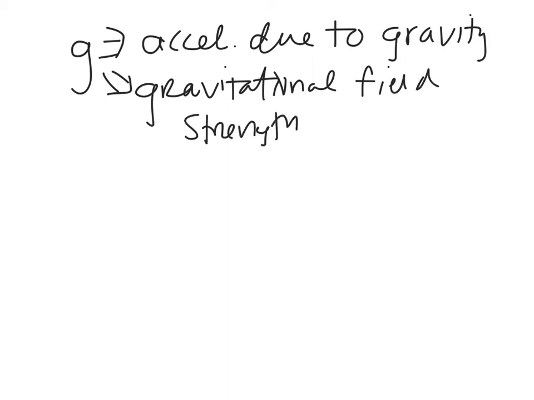On Earth, we use the value of g to be about 9.8 meters per second squared. And that's assuming that you're at the surface of the Earth, but it changes depending on where you are. So as soon as you leave the surface, that gravitational field strength is going to start decreasing a little bit.